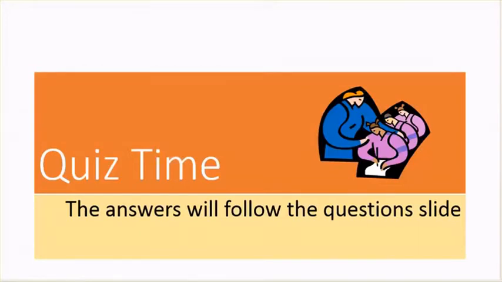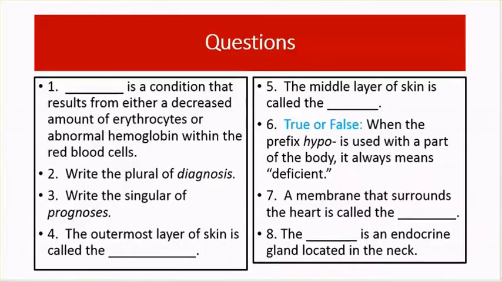Quiz time. The answers will follow the question slide. Number 1. Blank is a condition that results from either a decreased amount of erythrocytes or abnormal hemoglobin within the red blood cells.